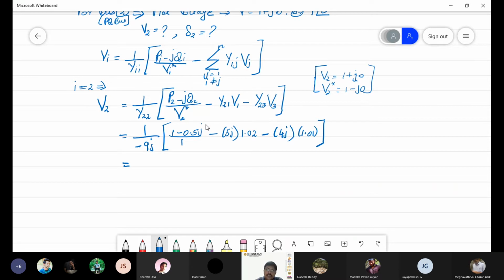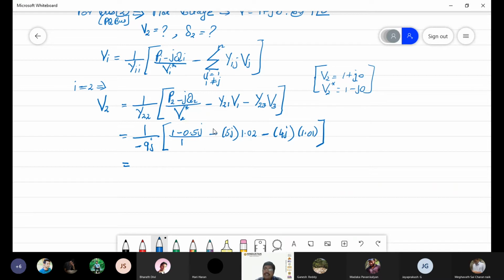Therefore 1 minus 0.5j, minus Y21 we taken from the Y bus matrix, and V1 it is given in the problem, minus Y23 we taken from the Y bus, and V3 it is from the problem. Right, I hope you understood. So now simply you can do this simplification and arrive at the results.